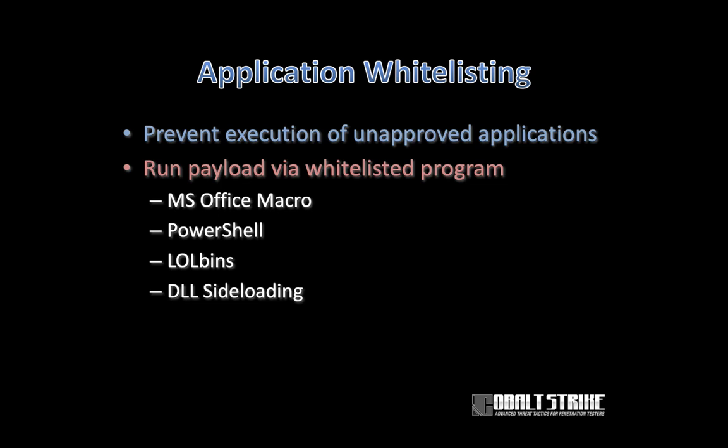Well, if that's the case, then you get into the realm of LOLBins, or living off the land binaries. And these are programs both shipped with Windows or even available for download elsewhere that are signed by a trusted party like Microsoft and have functionality that allow you to run a payload in the context of that trusted program. Another strategy is to take advantage of DLL sideloading.